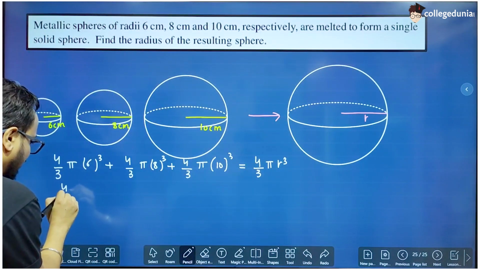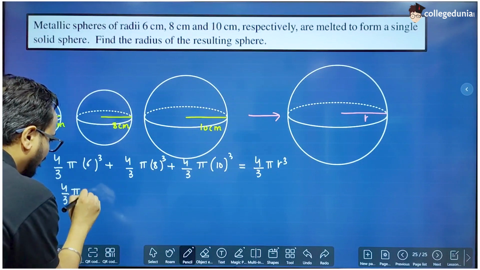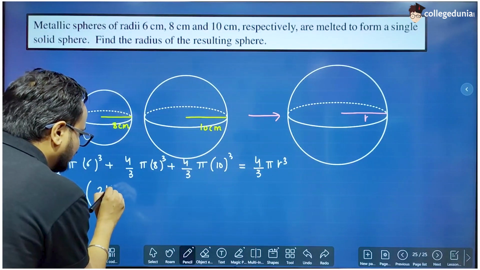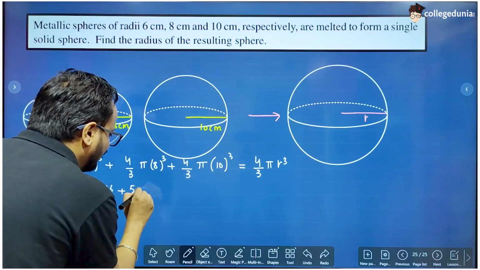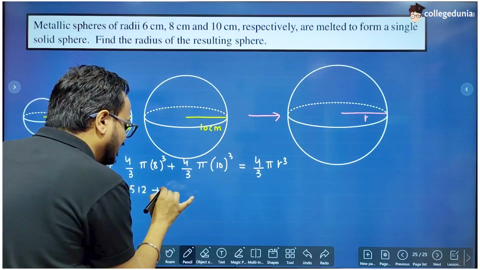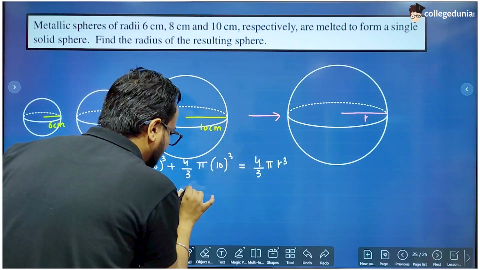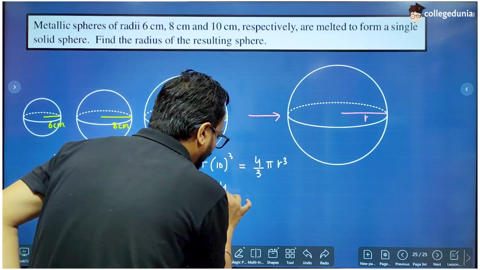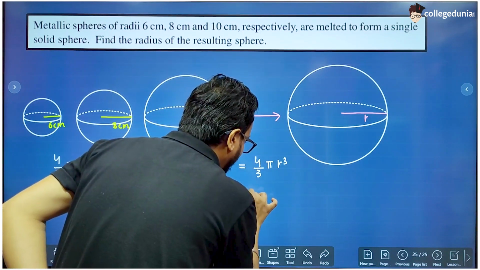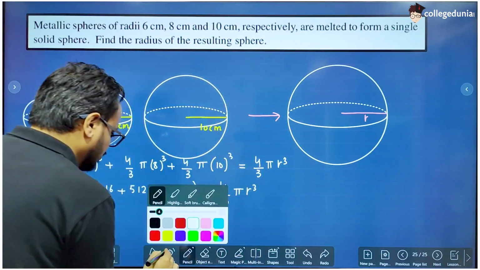Now 4 by 3 pi is common. Cube of 6 is 216. Cube of 8 is 512. Cube of 10 is 1000 equal to 4 by 3 pi r cube.